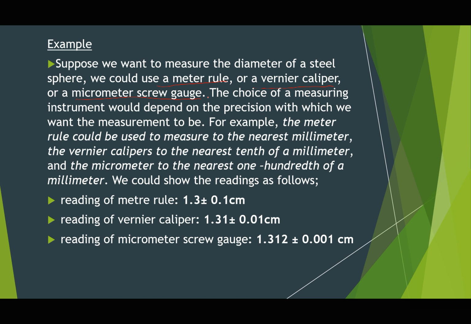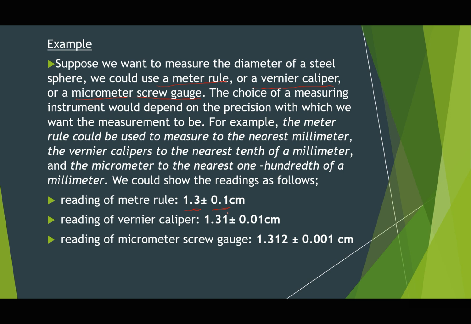I gave a simple analogy here that if a measurement of the diameter of a sphere is taken using a ruler that measures to 1 decimal place, we expect a value of approximately 1.3 plus or minus 0.1 centimeters, where this is the expected uncertainty in taking a measurement using the ruler.